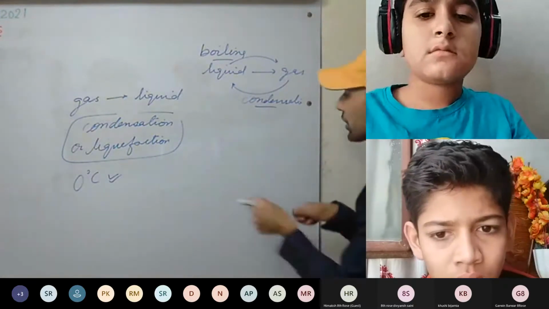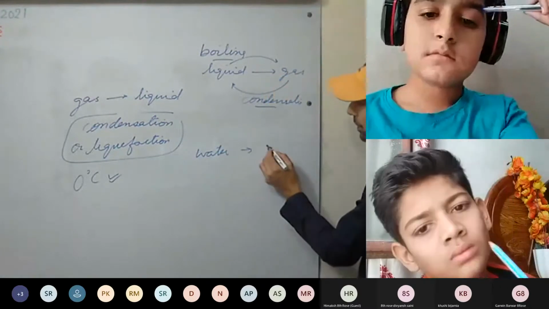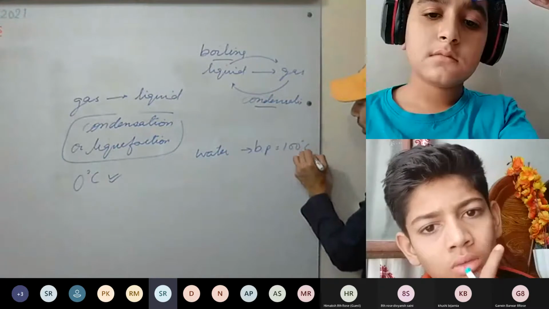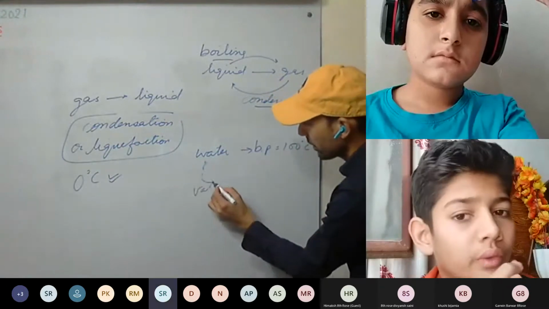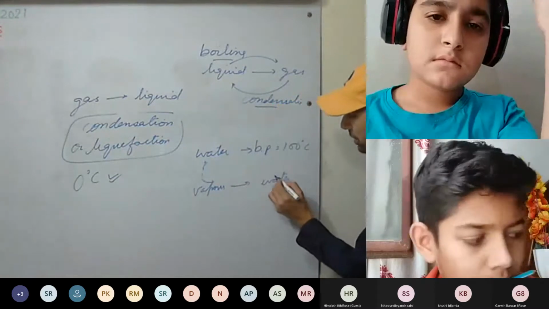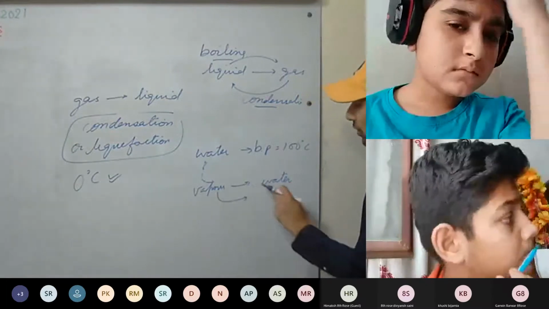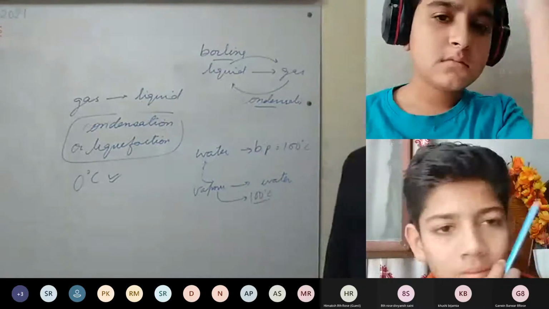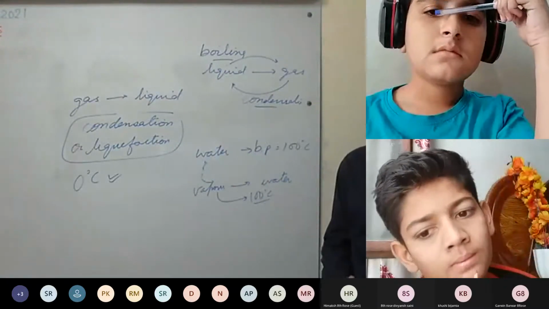I take one example, water. Water boils at what degree Celsius? Boiling point of water, 100 degrees Celsius. And vapor condenses to water at what degree Celsius? Condensation, that is vapor to water, 100 degrees Celsius. That is the condensation point.